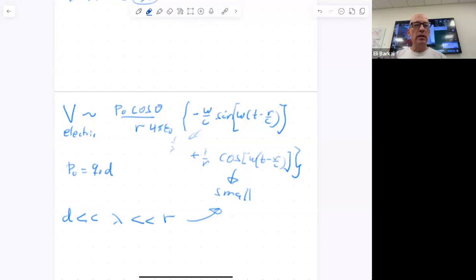And already here you see some beautiful magic. Why? Because the second term is 1 over R squared, and the first term, this one, is just a 1 over R term.